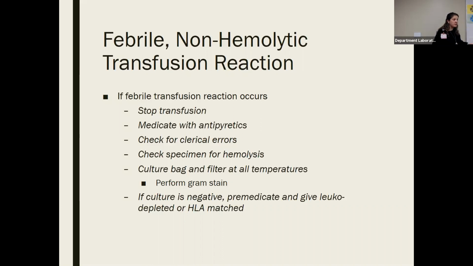Those platelets are going to be destroyed rather than helping increase their platelet count. One way we can address that is to give HLA matched platelets if they have an HLA antibody, or here at UAMS, we can even crossmatch platelets. We take patient plasma, mix it with those platelets and see if there's any agglutination. If there's no agglutination, those are crossmatch compatible platelets.